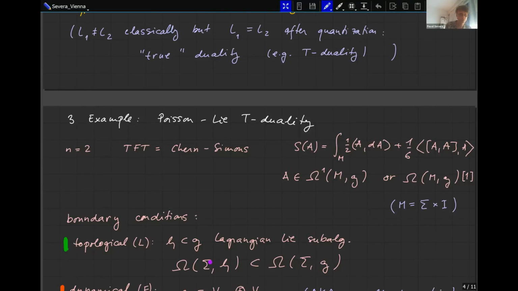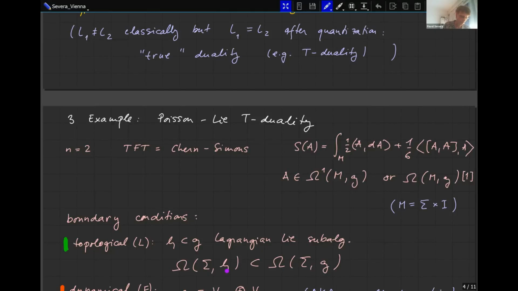It corresponds to the fact that this boundary condition still has a gauge symmetry on the boundary, but now with values only in the group H. Inside the bulk, gauge transformations can be arbitrary with values in G, but on the boundary they can be only in H.